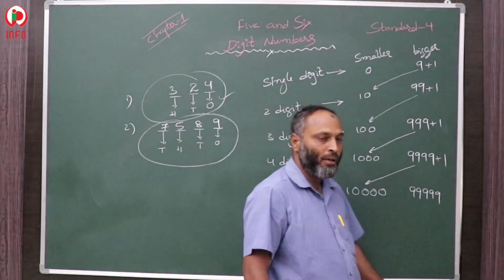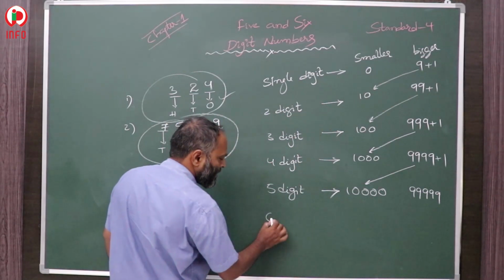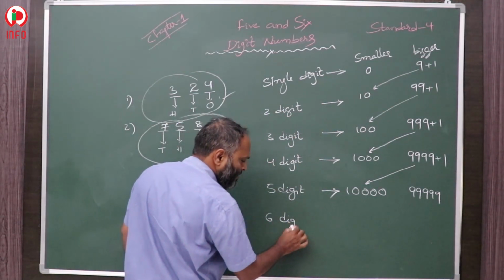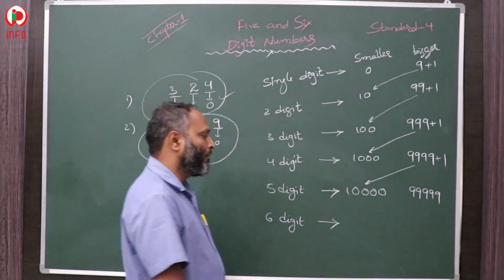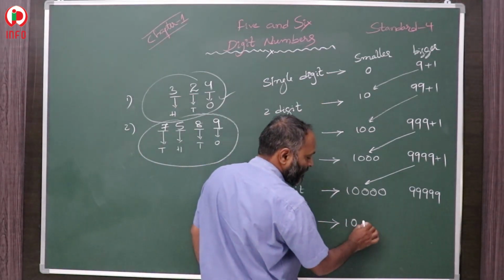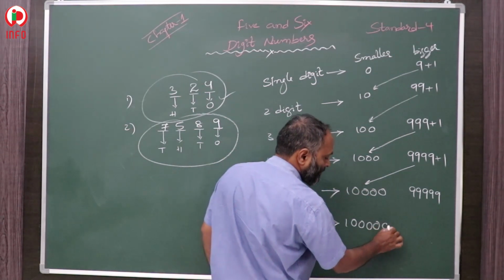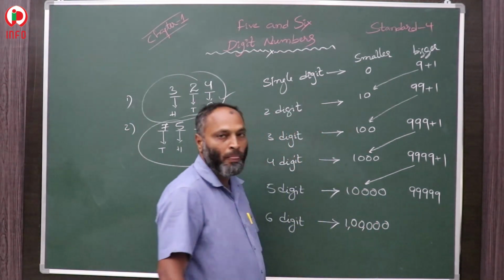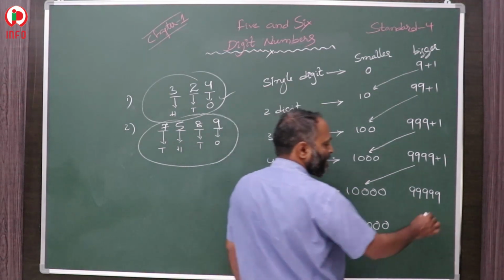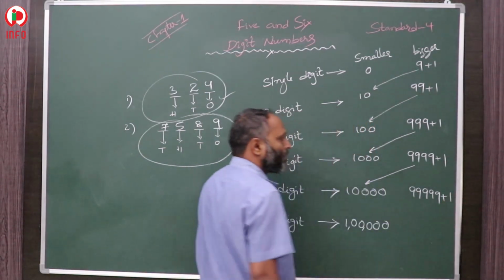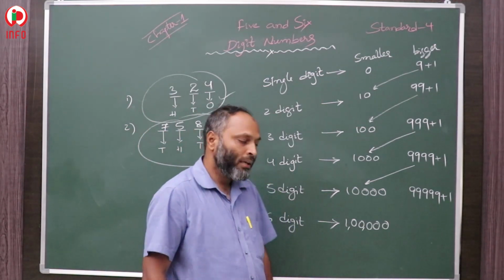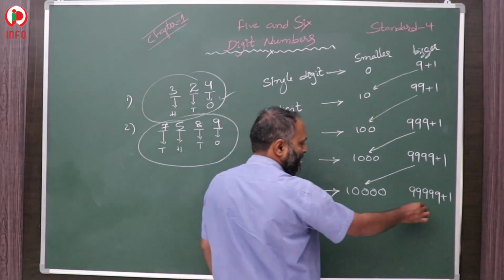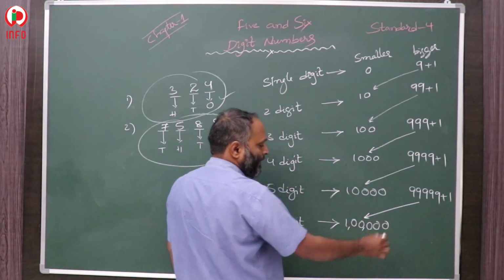In the same way, the 6 digit smaller number is 1 lakh. We call it 1 lakh. So how do we get this? If we add 1 to 99,999, then we get the 6 digit smaller number.